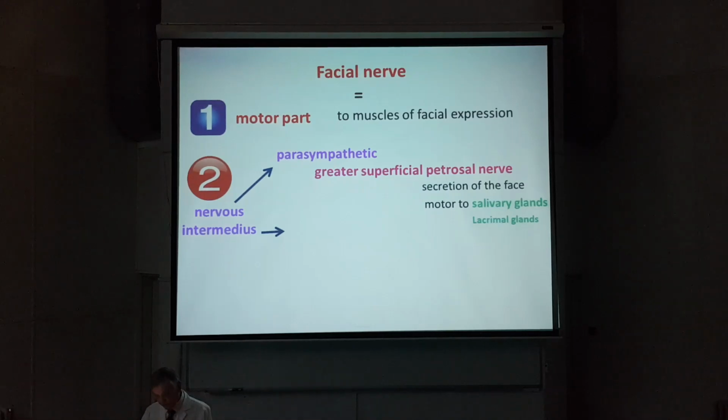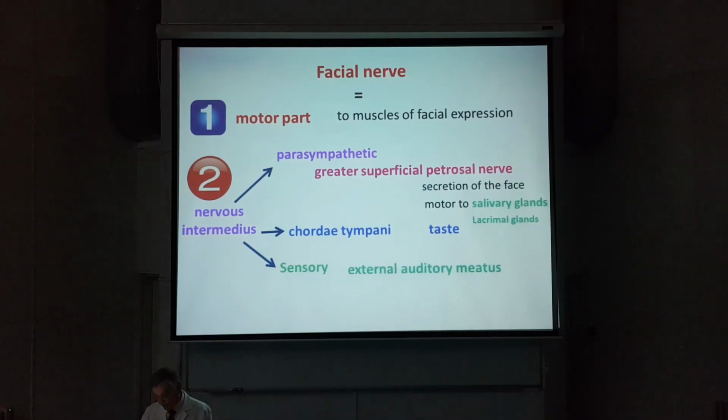The second part of the nervus intermedius is called chorda tympani, because it brings taste. It is sensory, special sensory, from the anterior 2/3 of the tongue. The third part of nervus intermedius is somatic sensory, coming from the external auditory meatus, the auricle, and the retroauricular area.